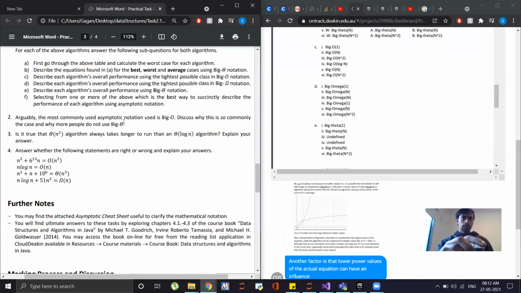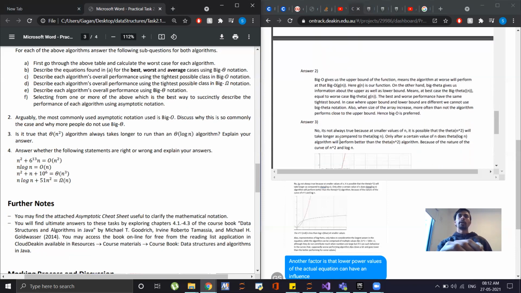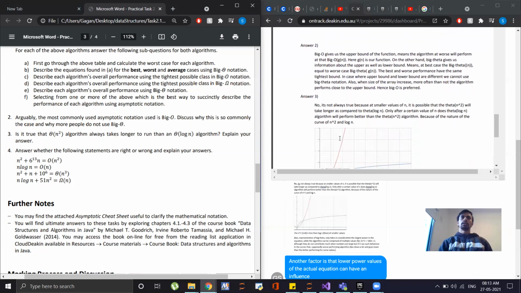Big O notation is more widely used because it gives us the worst possible case. More times than not, we want to see how the algorithm will perform in the worst case. So that's why it's preferred.